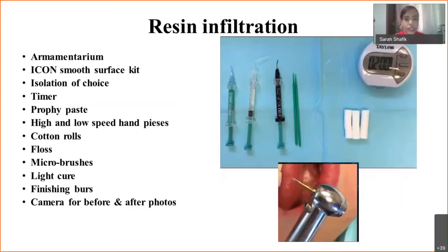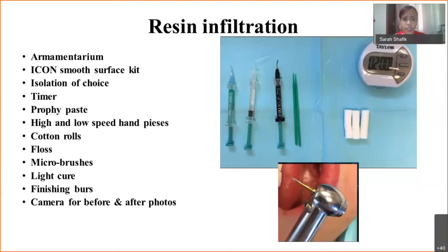It's provided in the Smooth Kit and Proximal Kit. Here we're talking about smooth surface caries, so we're going to use the Smooth Surface Kit. Isolation of your choice, but please do not use the thermoplastic ones or the available rubber dams in the market.